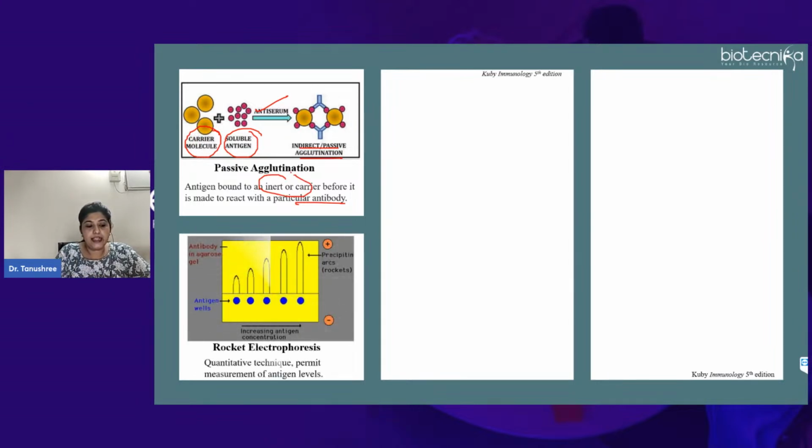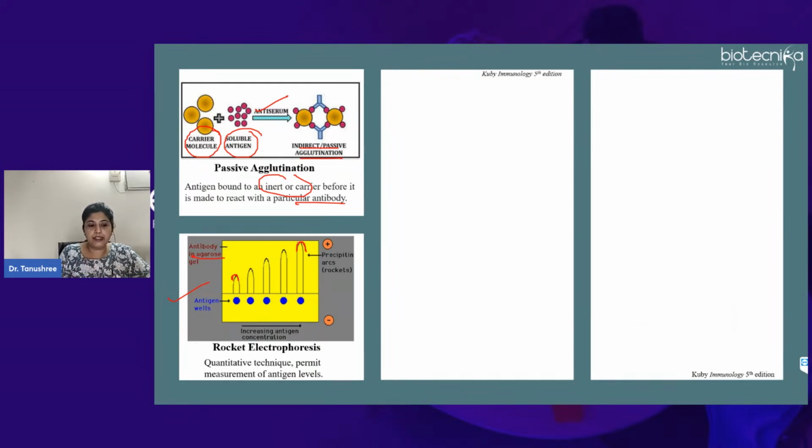Then another technique given was rocket electrophoresis. As shown over here, in rocket electrophoresis you add the antigens in the gel containing the antibody and you perform the electrophoresis. As the antigen migrates, precipitation will happen.